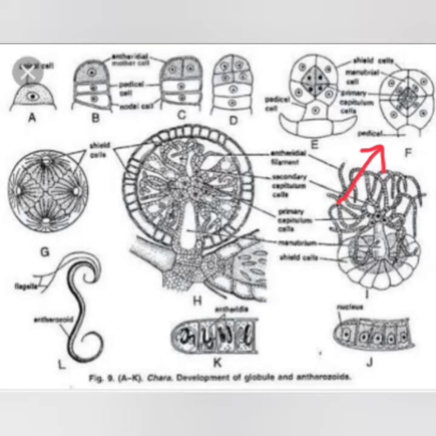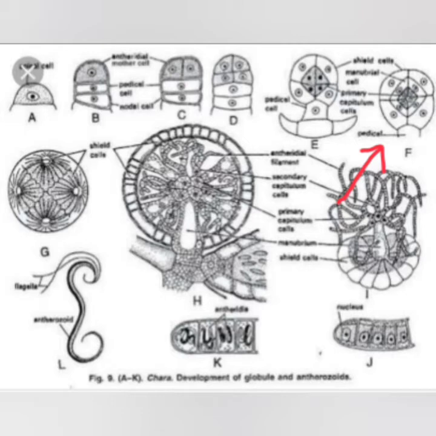In this way, the cells of the outer layer will again divide periclinally to give rise to one more layer. So just remember, in this way, three radial layers of eight cells each are formed.